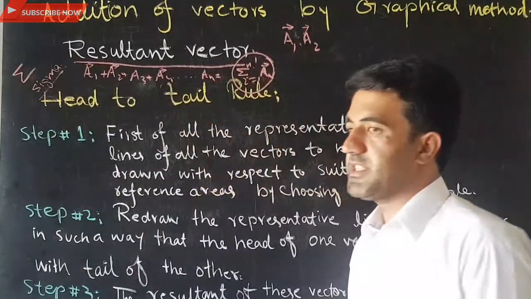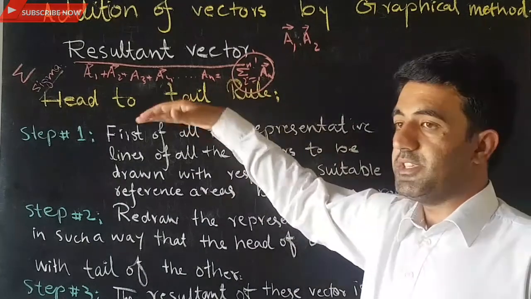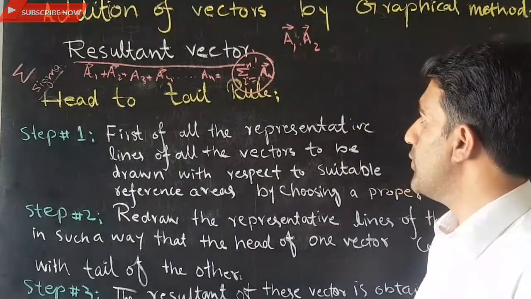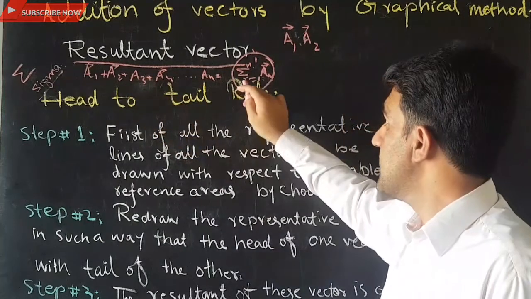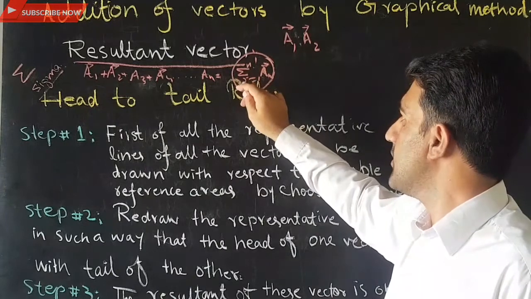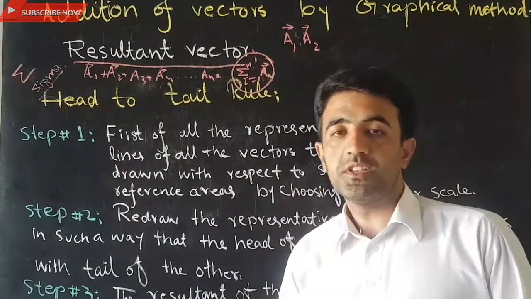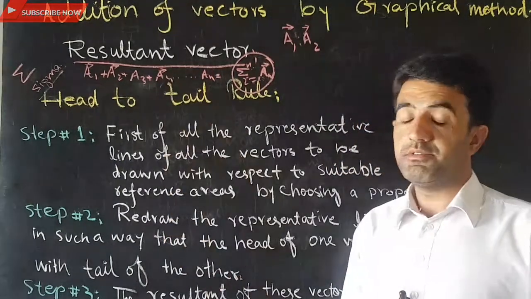The sigma sign is used because it represents the summation of vectors in vector algebra. Therefore, we can write the combined effect of all these vectors as the summation sign sigma i from 1 up to n of A_i. So this was the brief discussion about the resultant vector.